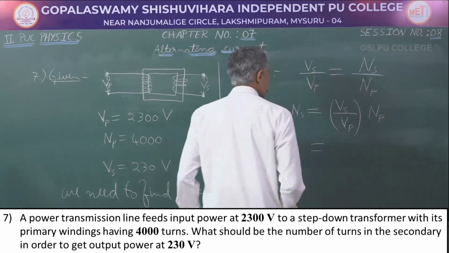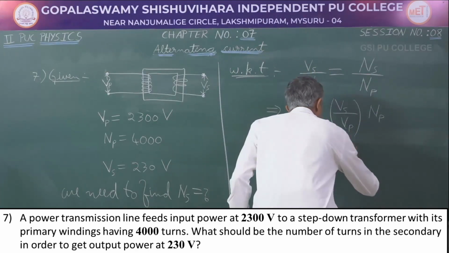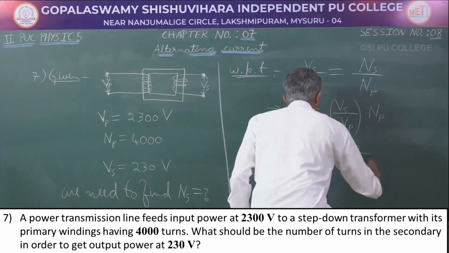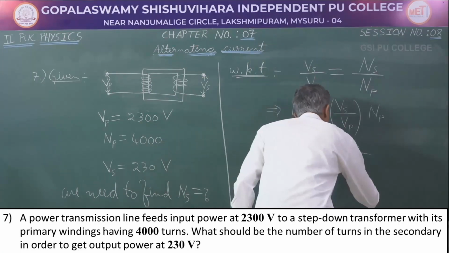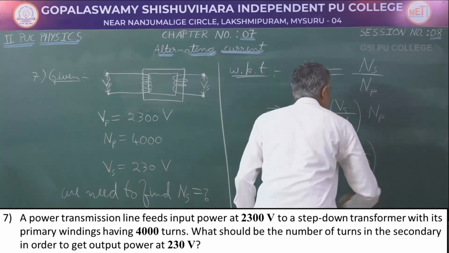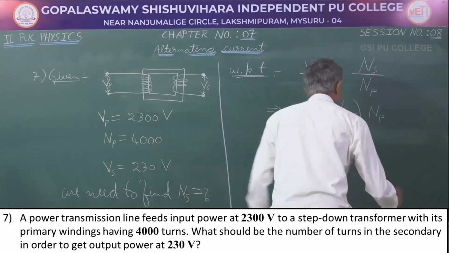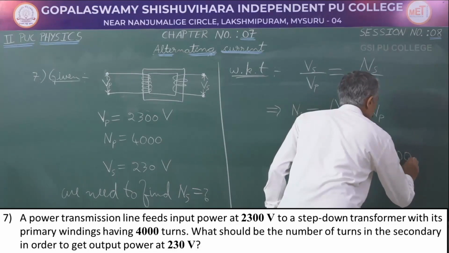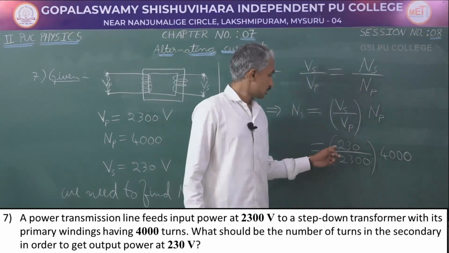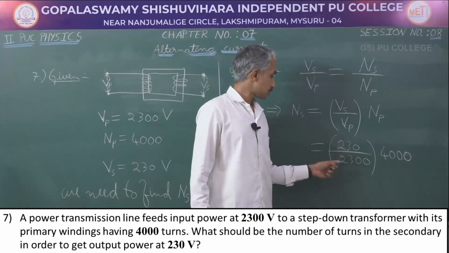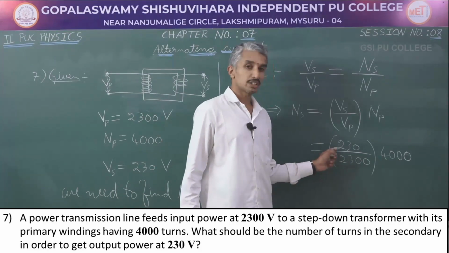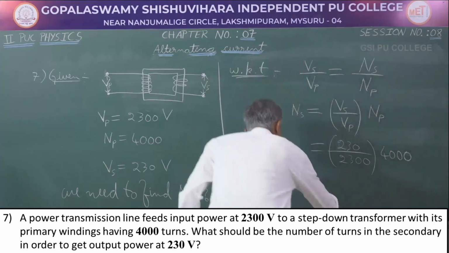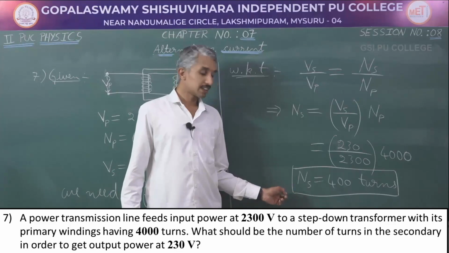So, the voltage in the secondary is 230 volt, the voltage in the primary is 2300, into the number of turns in the primary, which is 4000. 230 divided by 2300 will give us 0.1, into 4000 will give us 400. Therefore, the secondary coil has 400 turns.